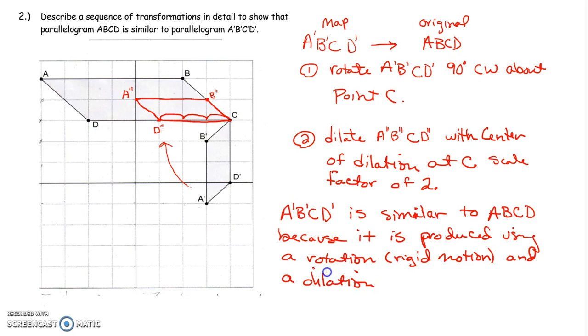And a dilation is what causes them to actually just be similar. The angles will all stay the same size. The corresponding sides will be in proportion, but it's a larger version. So they're similar because it is produced using a rotation and a dilation.